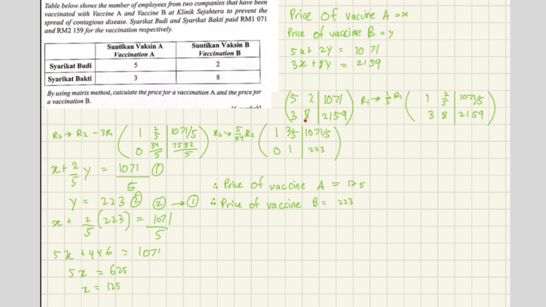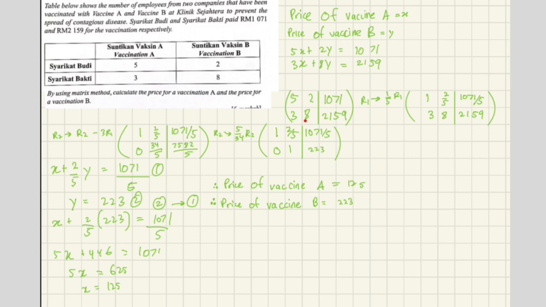Now we got the reduced echelon form of the matrix. So now we do the second step, where we can use the substitution technique. The first equation is x plus 2 over 5 y equals 1071 over 5. The second equation is y equals 223. Now we have got the value for y.